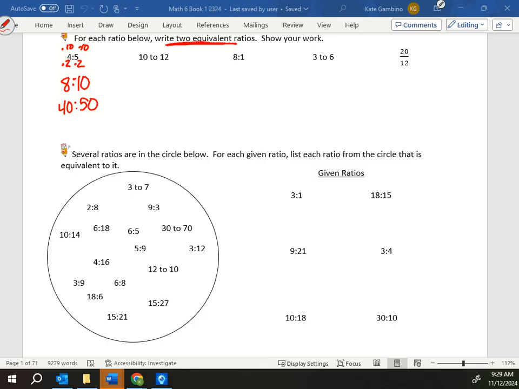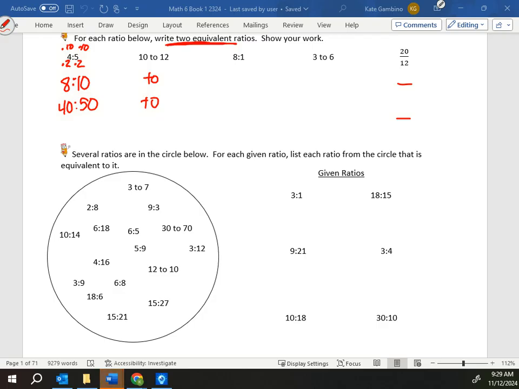And you're going to put it in the same format that they gave. So if they're giving colons, you're going to put your answer with colons. If they're using the word to, you're going to put your answer with the word to. If it's fractions, you're going to do fractions. Okay? So however they put the first ratio, put your ratio to follow so it would be similar.